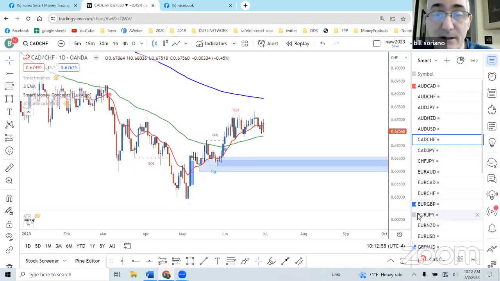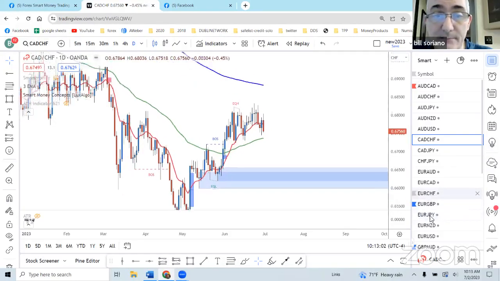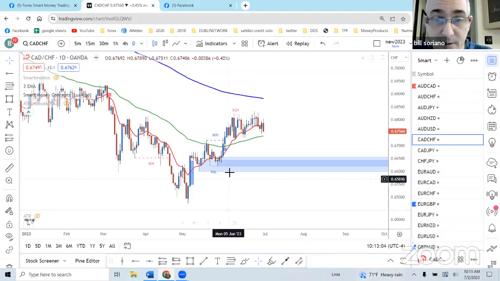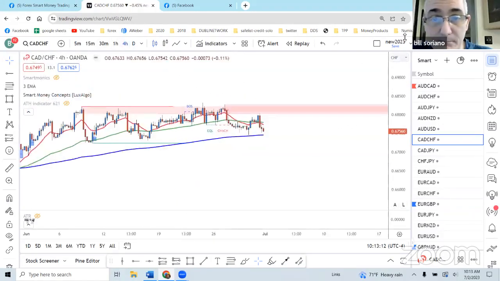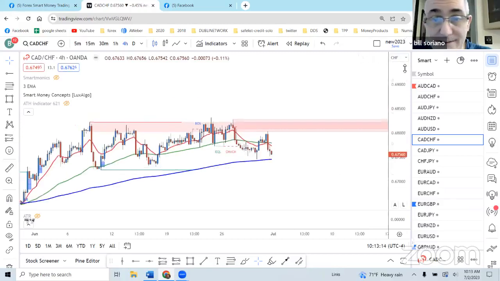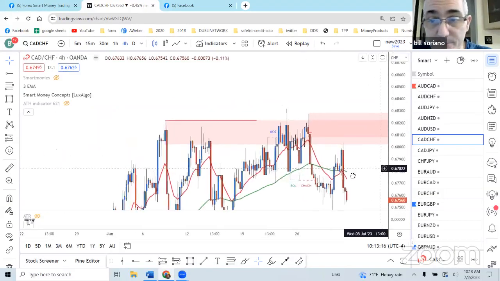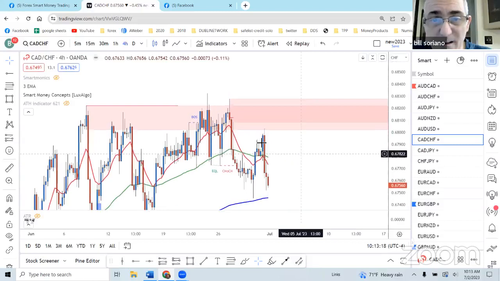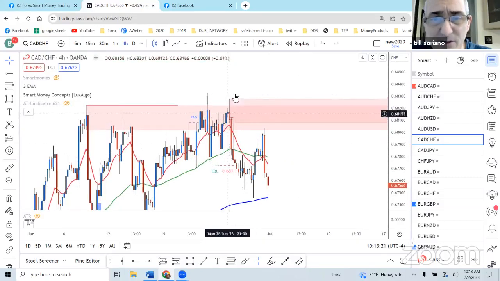And the daily, to me, even though we have this break of structure here, until I get that second break here, I'm looking at this as being bearish. So that tells me that I can still trade from this zone here.